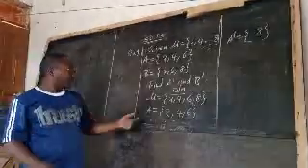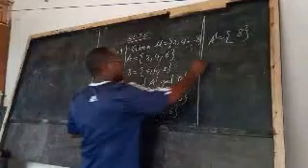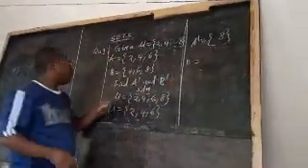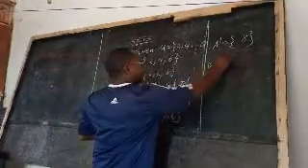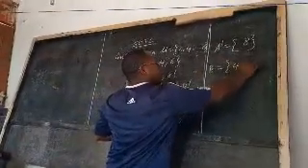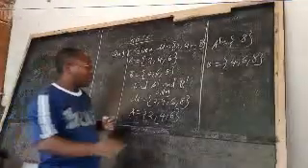So let us see B complement. For B complement, we summarize the data of B. In B we have 4, 6, and 8. We are required to find the B complement.